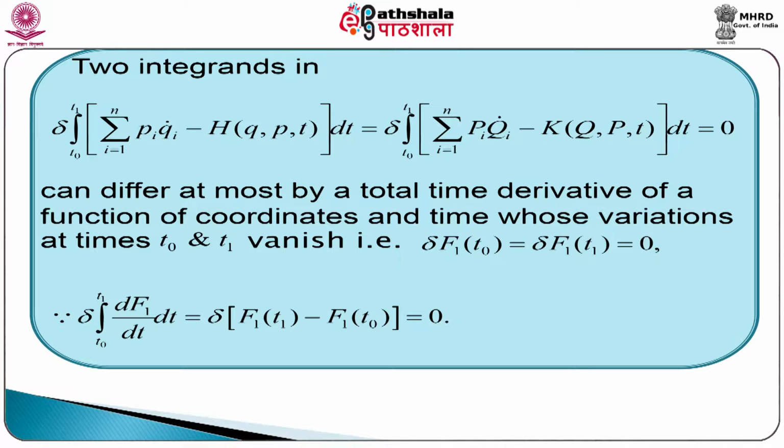Since we know that delta of integration t0 to t1 of the first order ordinary derivative of capital F1 with respect to time t into dt equals delta of capital F1 at t1 minus capital F1 at t0, which vanishes.